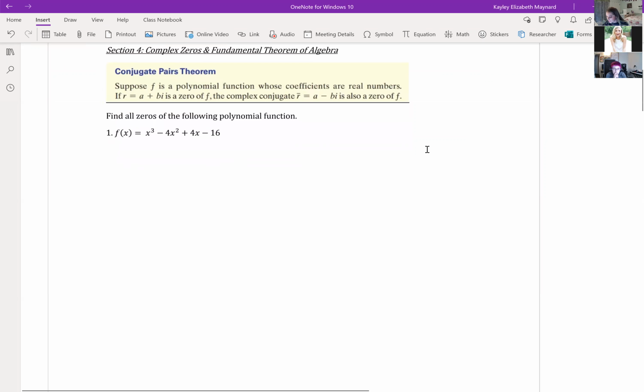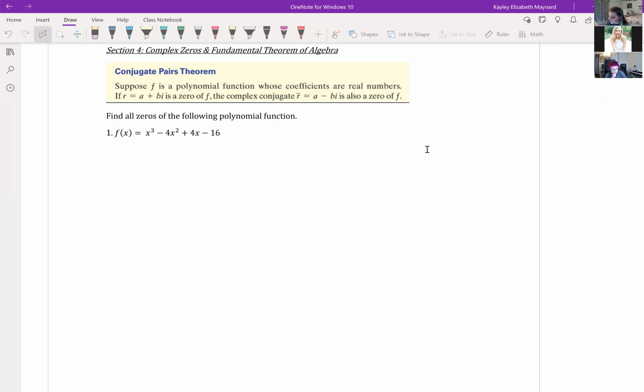But first, I'm going to start with this example, which is find all zeros of the following polynomial function. So we have f of x is equal to x cubed minus 4x squared plus 4x minus 16. A good first step is to ask yourself how many zeros you actually need to find. And we've talked about the fact that the degree of f of x is the number of zeros.